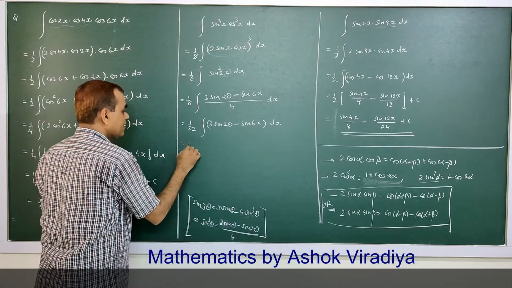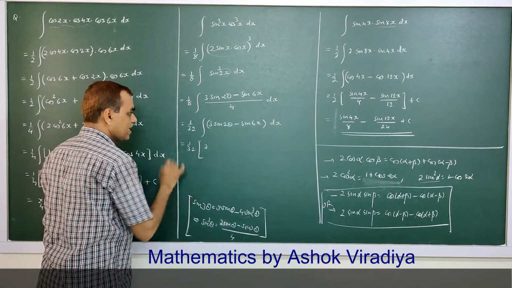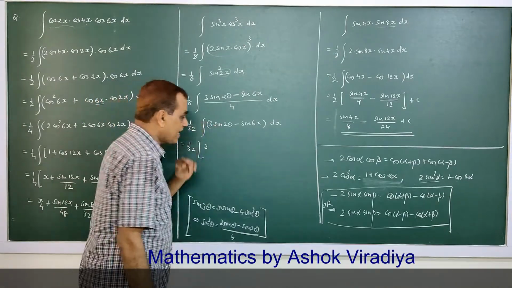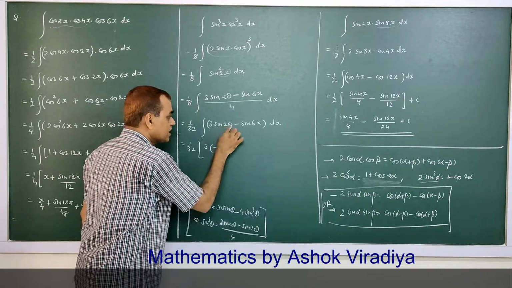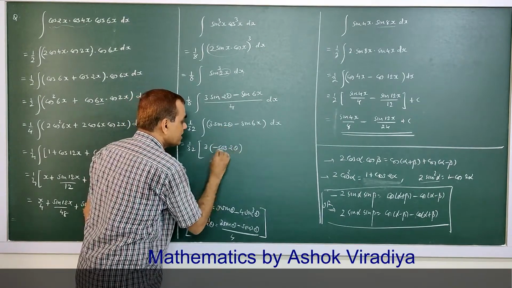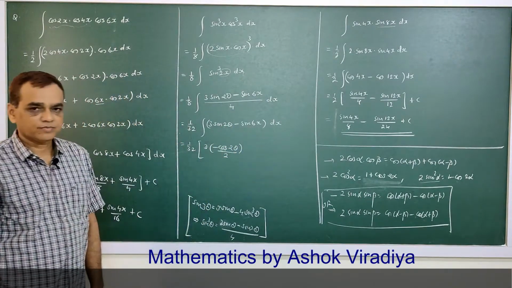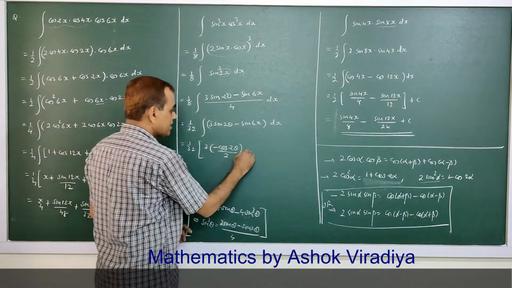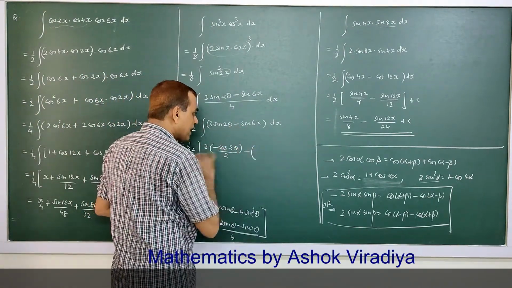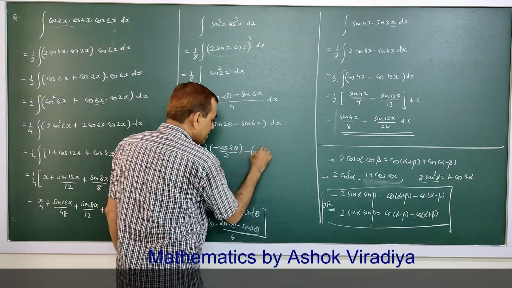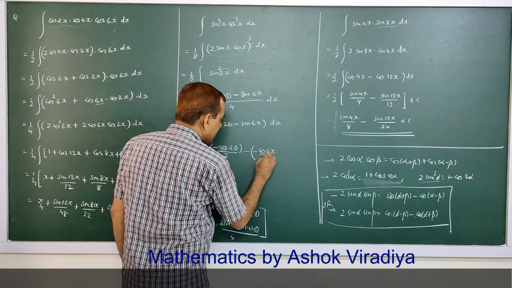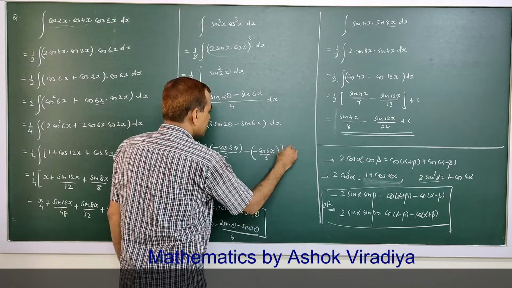Now putting integral 3 as it is, integral of sine is minus cos. Now this is 2 theta, so minus cos 2 theta by 2 minus, again use bracket because its integral is negative. Integral of sine 6x is minus cos 6x by 6 plus c.